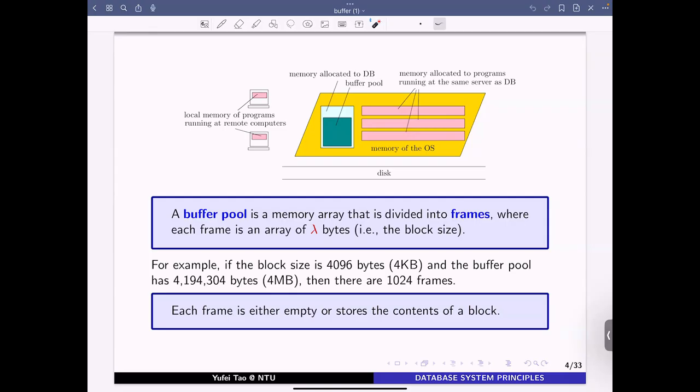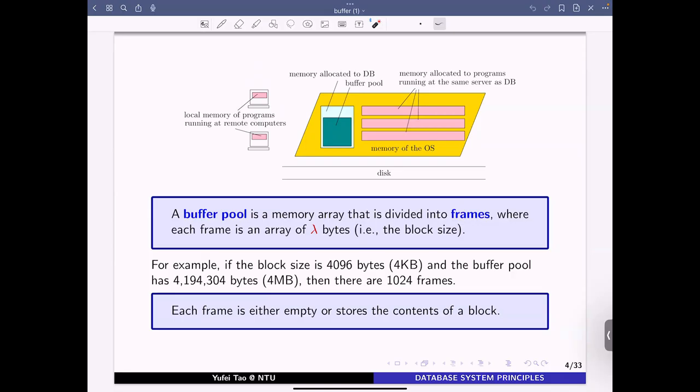And furthermore, typically, if you want to access a database, you are not really running your program on the server. Just imagine you have your laptop and the database server is sitting somewhere in NTU. You don't go over to the server and run your program inside the server. Instead, you sit at home and use your laptop to connect to the database.